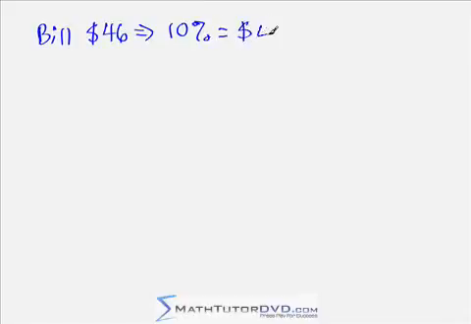All right, now what if you had a bill of $46 and you wanted to calculate a 15% tip? First, we take a 10% tip. What's that going to equal, quickly in your head? $4.60. Just move the decimal. Now quickly in your head, what is 5% of this? Well, we take 10% and cut it in half.